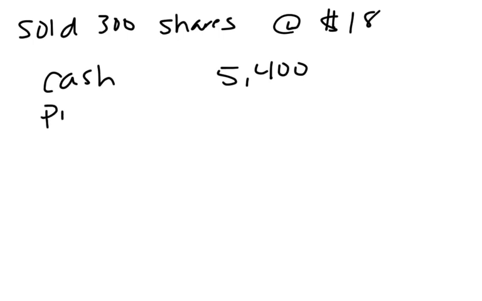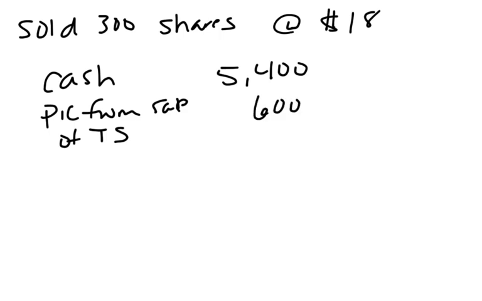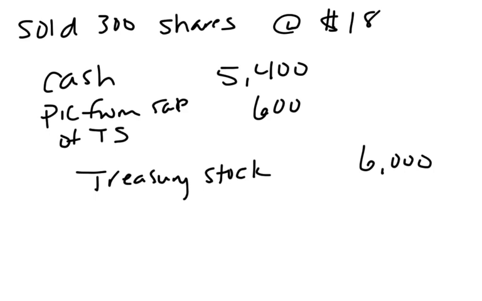So that paid-in capital from sale of treasury stock, a lot of abbreviations here, sorry guys, I don't have enough room, is going to be that $600 difference that I need. Again, the treasury stock, we know we're going to decrease it, credit it for the cost, the $20 times the 300 shares, or $6,000. That $600 difference, that $2 difference between the cost and what we've sold it back for, is going to go against the paid-in capital from sale of treasury stock account.